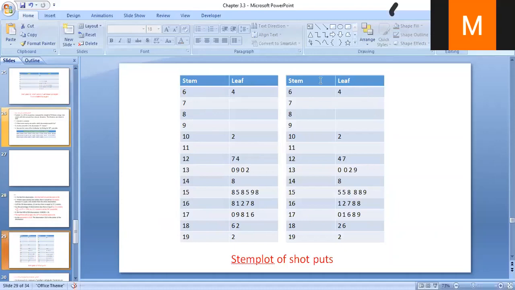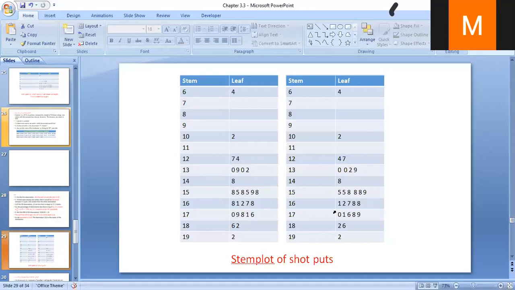And now in this one you arrange from the small to the large. You look here, that is 47. You can write again 47, 0902, write 100229, number 8. This is the missing silent 558889. And this one, you write number 12788 from this one.